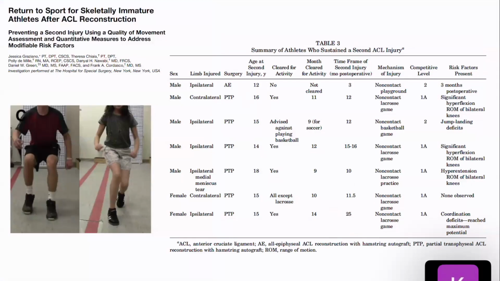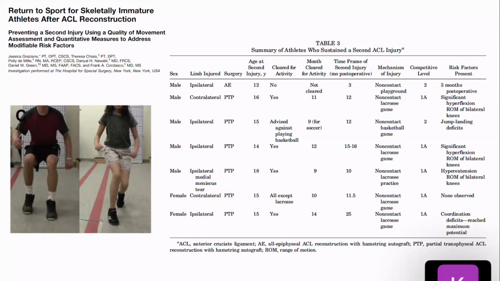So a little bit of information on returning to sport. This study published in 2017 looked at 42 skeletally mature athletes who underwent ACL reconstructions using an ipsilateral hamstring tendon autograft, either with an all-epiphyseal or partial transphyseal technique.